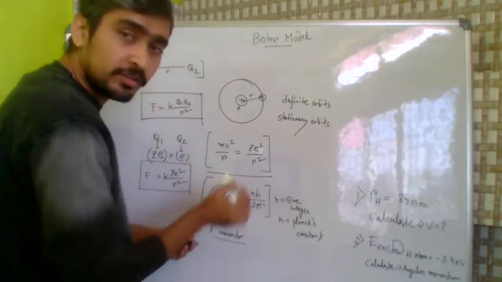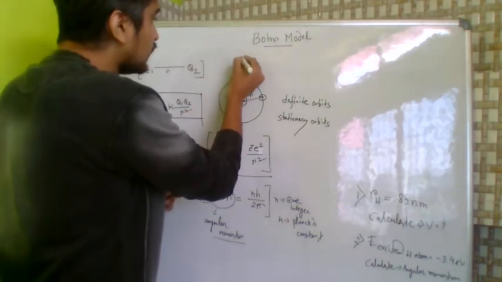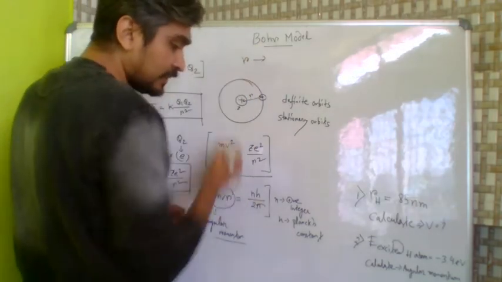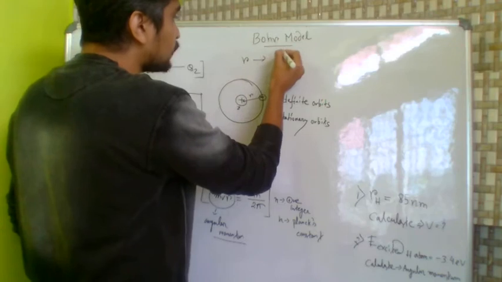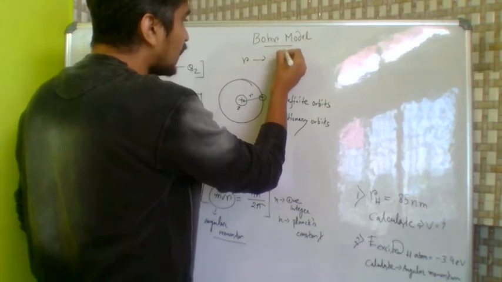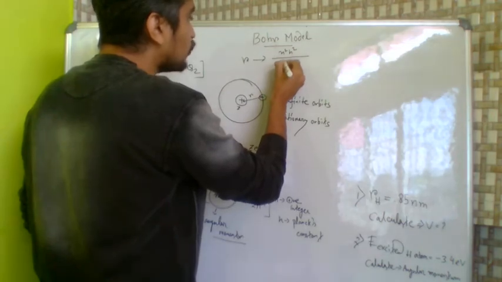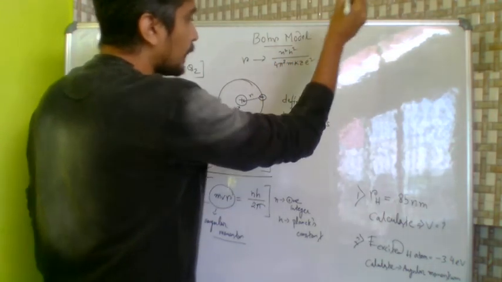From these two conditions, we can solve for R. And R comes with this expression: n square h square by 4 pi square m k Z e square.